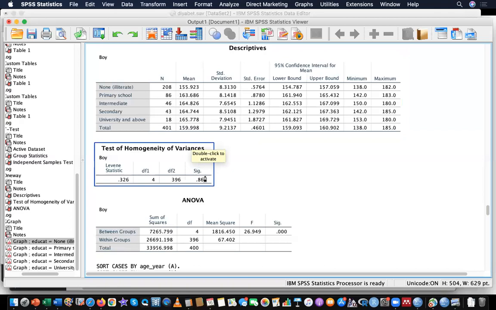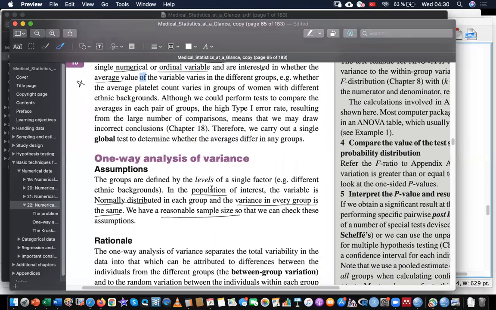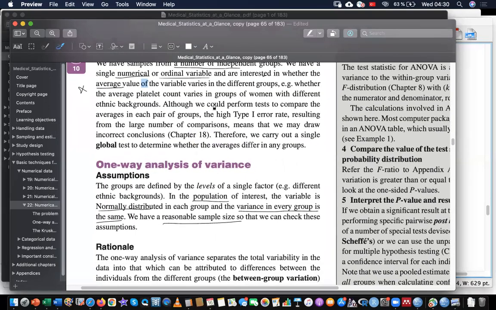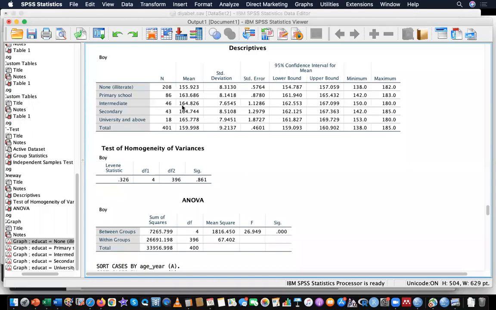But there are two more questions. The first question: you should be able to tell me, because we already learned in our previous class that it is possible to compare these individual groups with each other. I could compare using which test? I could compare the primary school and intermediate school, this 130, 163 and 164.